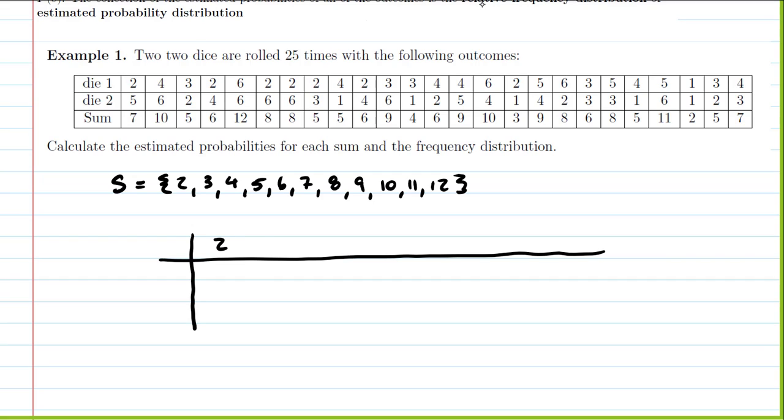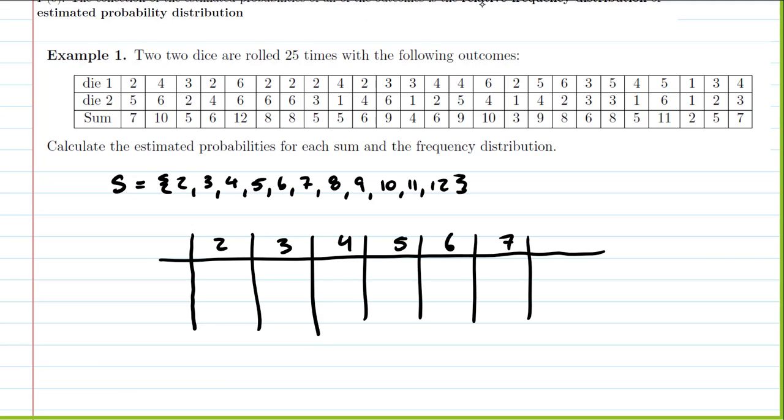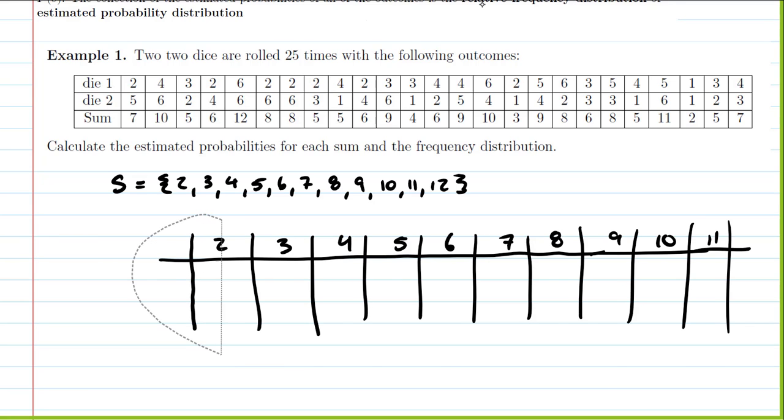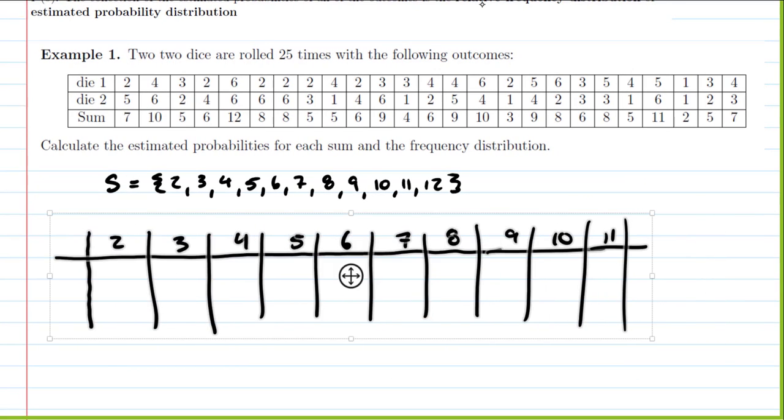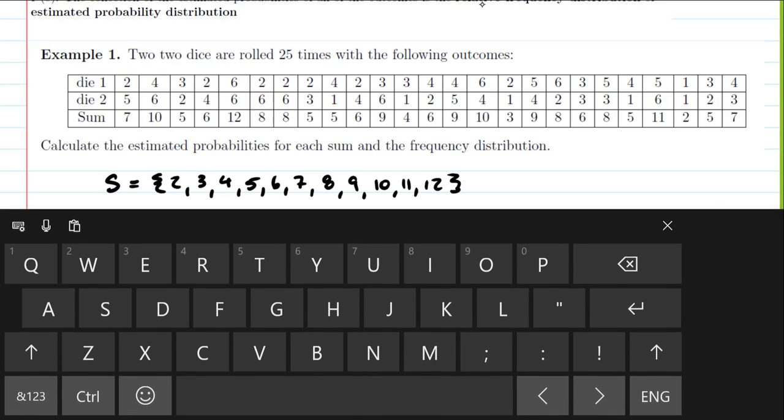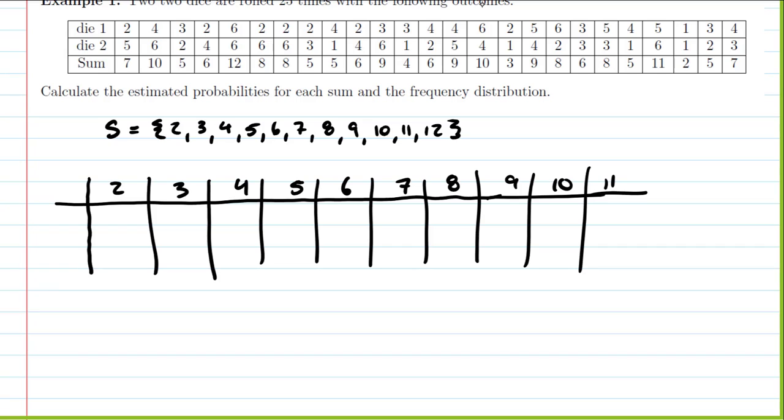So let's make a table: 2, 3, 4, 5, 6, 7, 8, 9, 10, 11, and 12. All right, so let's go through and count each of these. So how many 2s do we have?